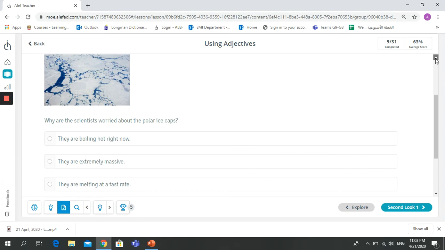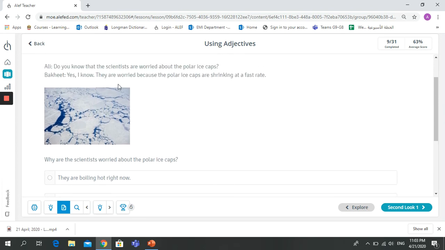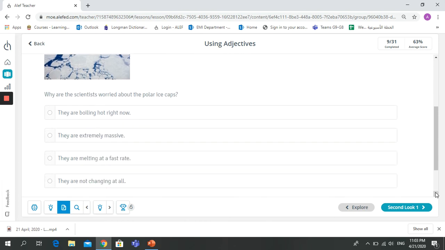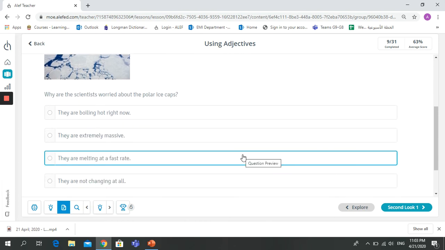As Bakhit said here, they are worried because the polar ice caps are shrinking, meaning getting smaller and smaller and melting at a fast rate. So the correct answer, why are the scientists worried? Because the polar ice caps are melting at a fast rate.